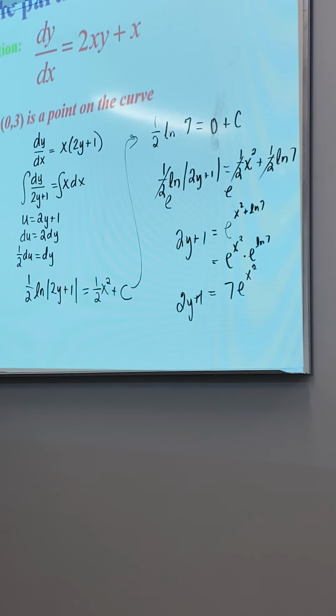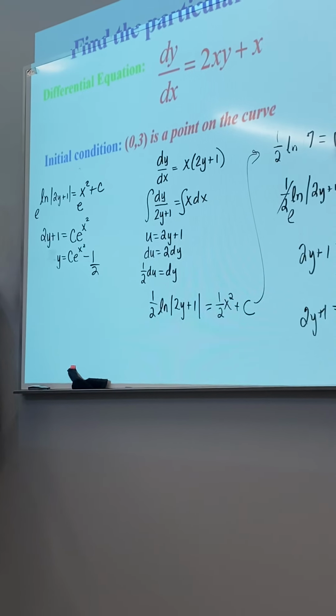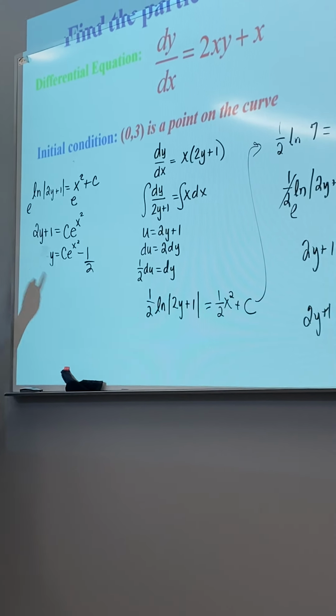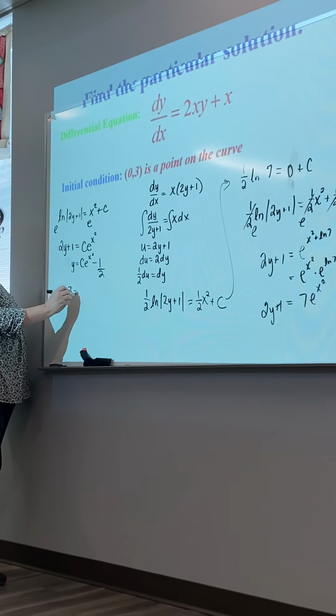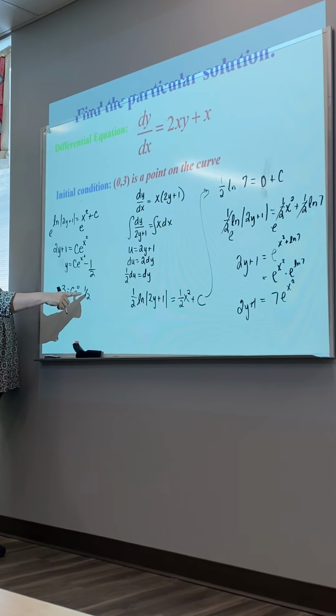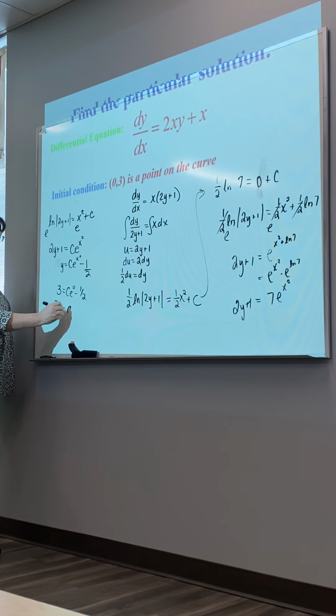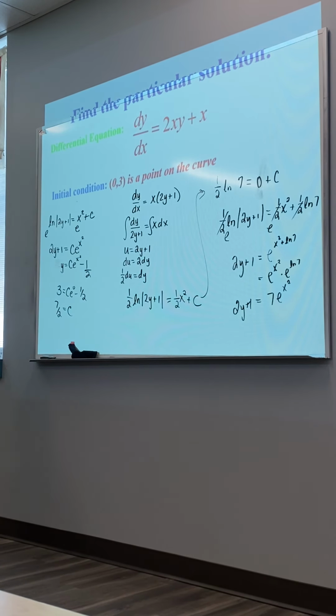I'm going to divide by 2, but that divided by 2 doesn't matter because it's just another constant, so I have that now, right? Okay, I substitute in the 0 and the 3, and I get 3 equals c e to the 0 minus 1/2. So if I add, that would be 7/2 equals c. You okay with that? 3 plus 1/2 is 7/2.